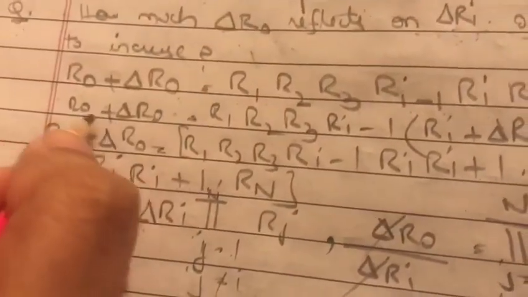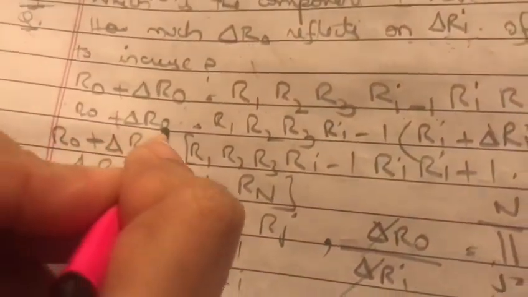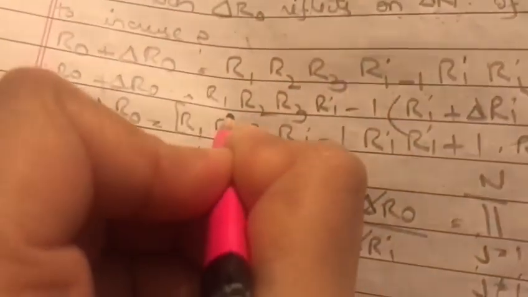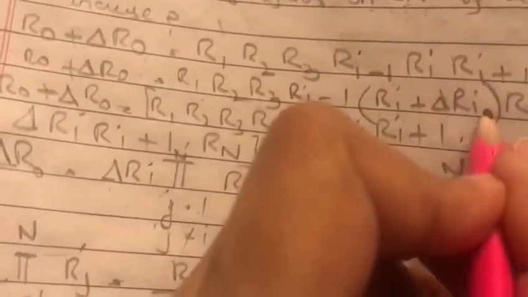After enhancing our reliability to R0 plus delta R0, what we get is R1 times R2 times R3 times Ri minus 1 times Ri plus delta Ri, since the reliability is enhanced.